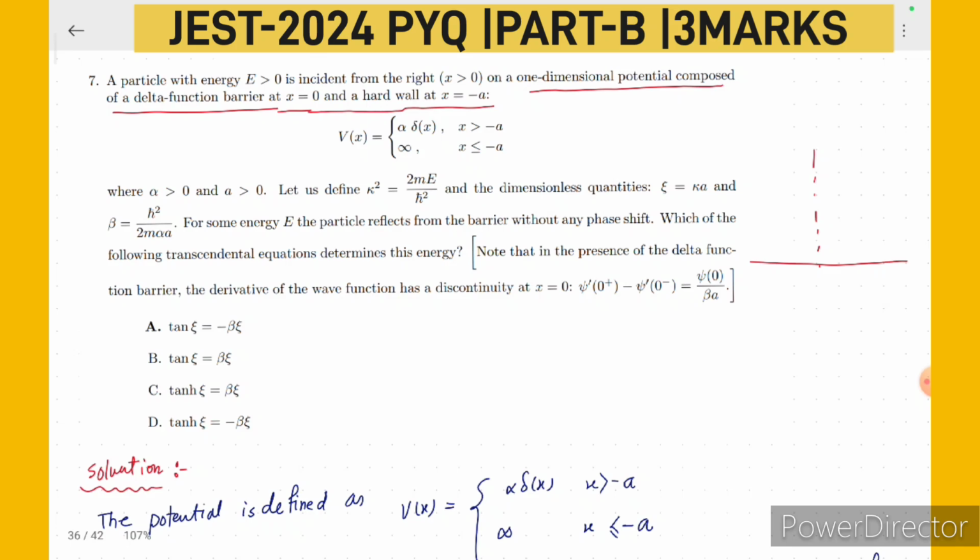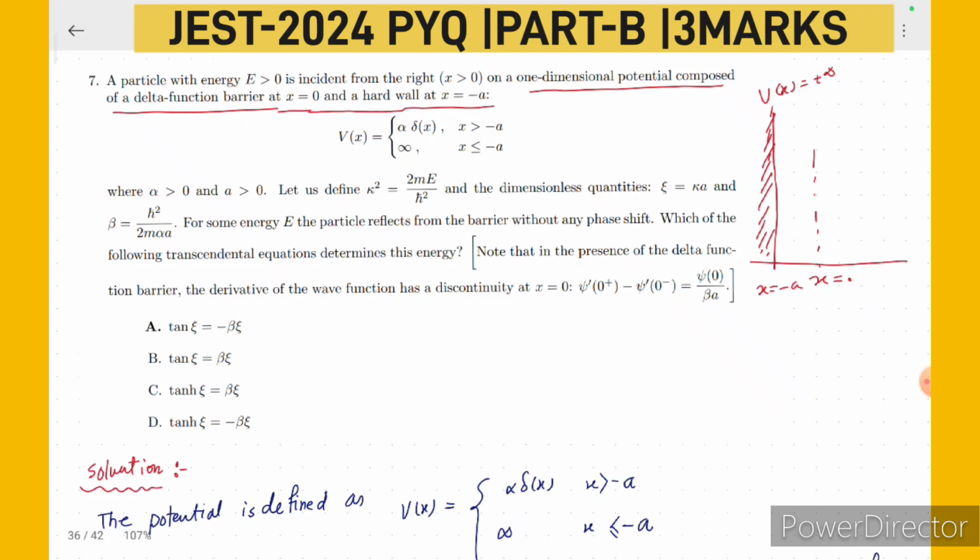So this is the point x equals 0 and this is the point x equals minus a. There is a hard wall, an infinite potential wall, at x equals minus a and for x less than minus a.